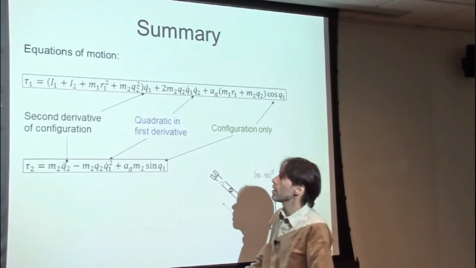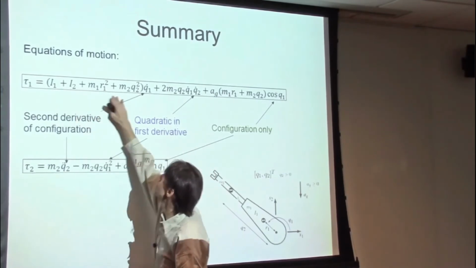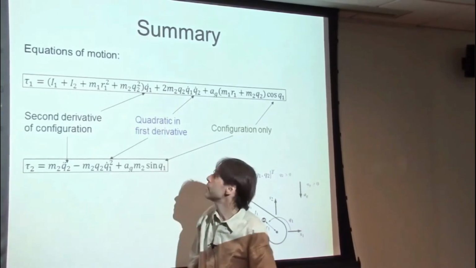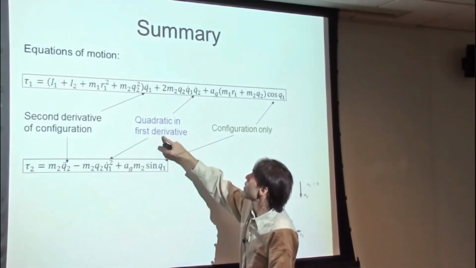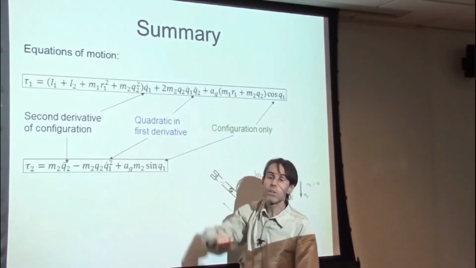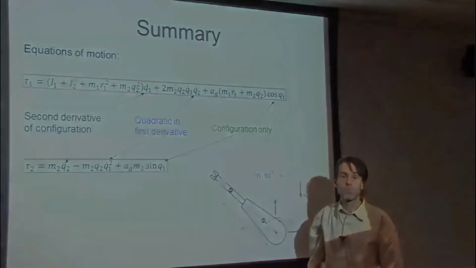It's worth noting that both equations have terms multiplied by an acceleration term. Again, that little dot is hard to see. And then they have quadratic terms in the first derivative. So there's a Q1 dot times Q2 dot as an example. And finally, we have configuration-only terms.